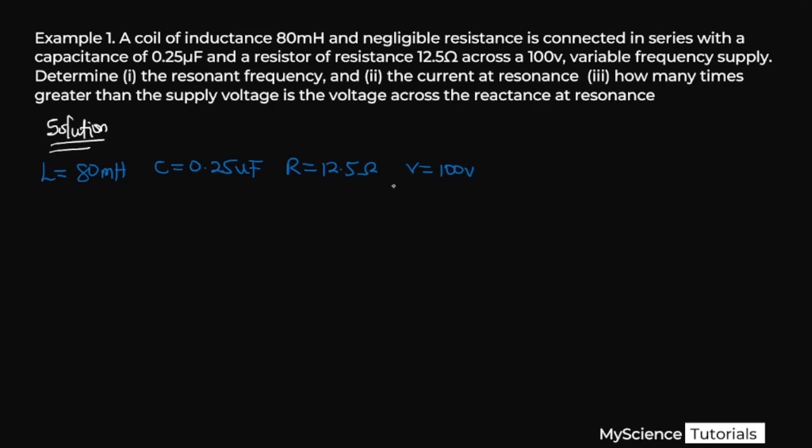The first thing we're asked to find is the resonant frequency, so FR. Resonant frequency, as we saw earlier on, is 1 over 2 pi the root of LC.